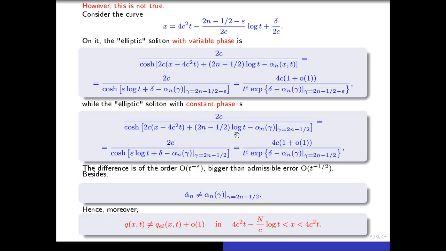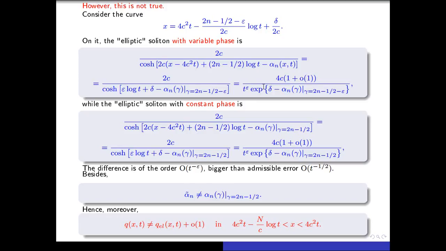If you take the following logarithmic curve, which lies close to the central curve of this soliton, at distance ε log t, then the soliton will be of the order t^(-ε) multiplied by some constant.